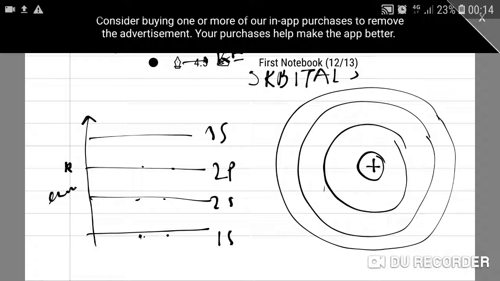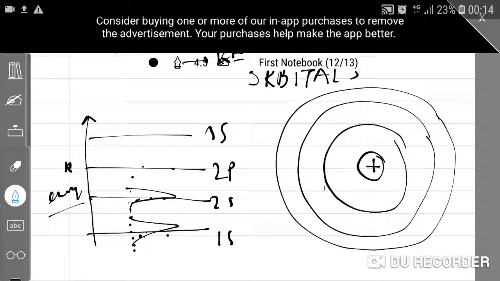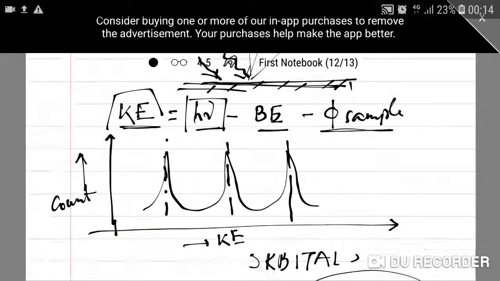So if some electrons are ejected from these, they will have different binding energy, and for that we will get different kinetic energy. So if we go on scanning the kinetic energy, we will get a peak here and then zero, then we'll be here zero, and that's how we get this spectra.